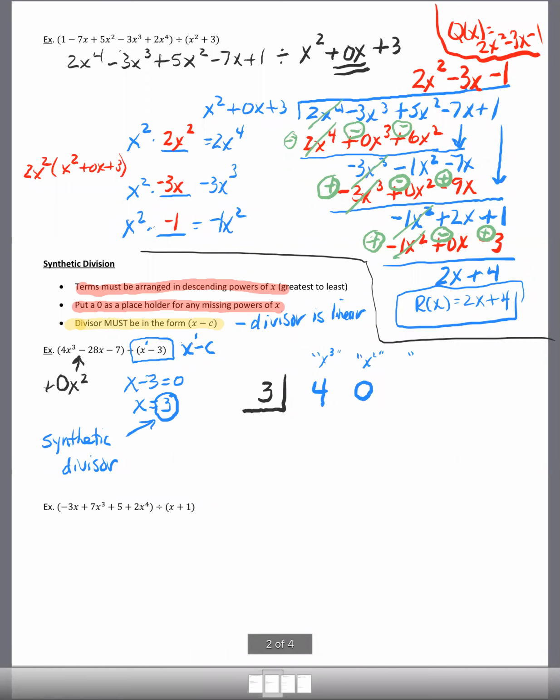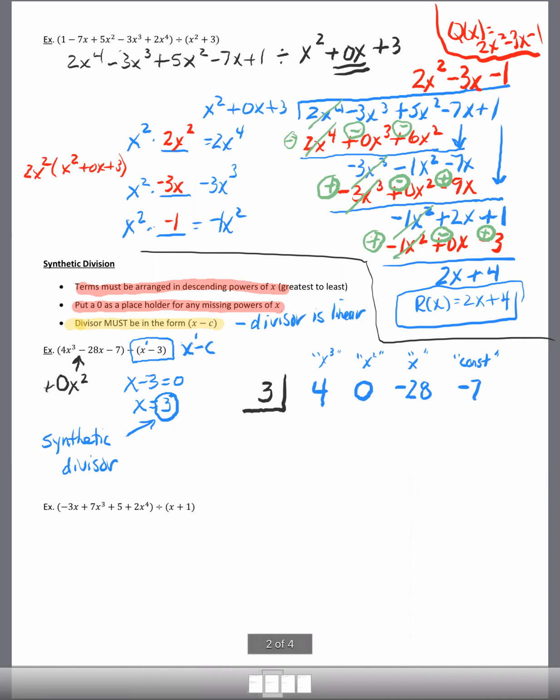The next column is the x, and our x has a negative 28 coefficient. And this last column is the constant column, and our constant happens to be a negative 7. So all of the variables are out of the synthetic division, because in this case, what we're doing is only looking at the coefficients and constants.